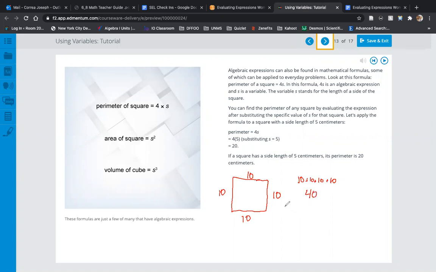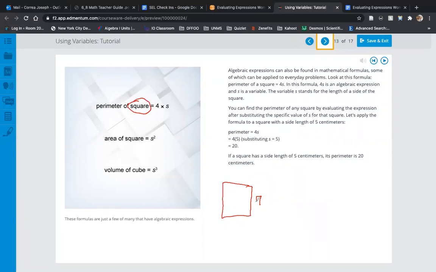Now what you also might say is, okay, I'm just adding 10 4 times, so I can really just say, okay, that's just 4 multiplied by 10, right? Now, again, let's look at a different square. Let's say this is my square, and I say, okay, this square has a side length of 7. So I don't have to specify this is 7, this is 7, this is 7 if I'm telling you that this is a square, right?